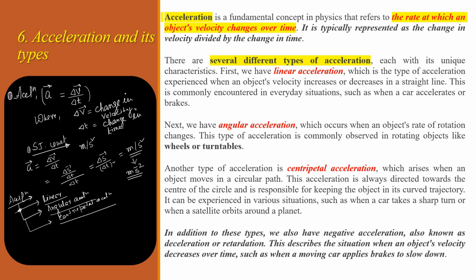Again, linear acceleration can be considered as positive acceleration and negative acceleration. When a body moves with increasing velocity, its acceleration is considered positive. When a body is moving with decreasing velocity, that is when a car moves and applies brake, then it is called negative acceleration.